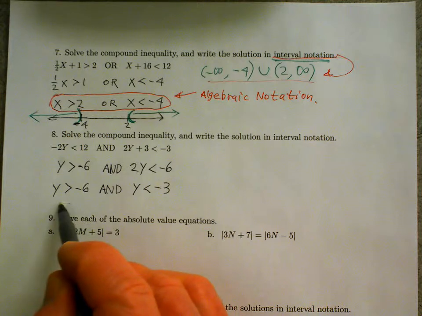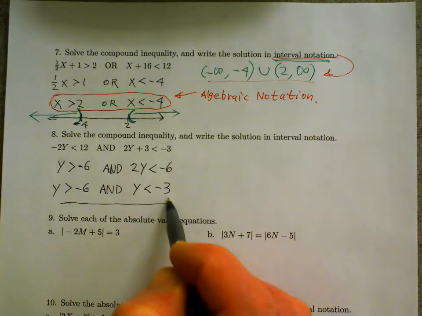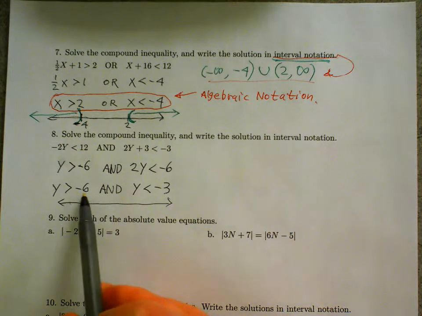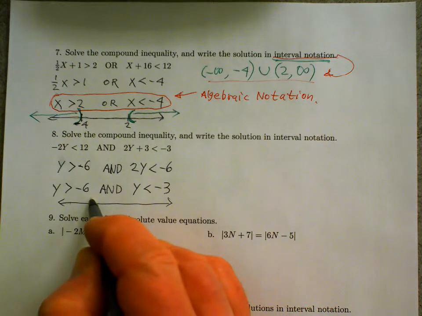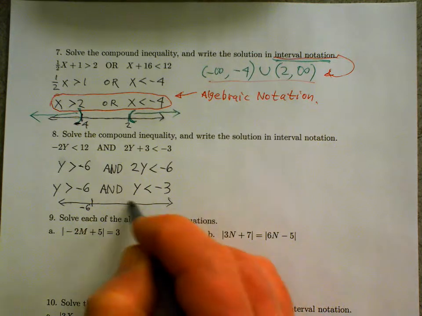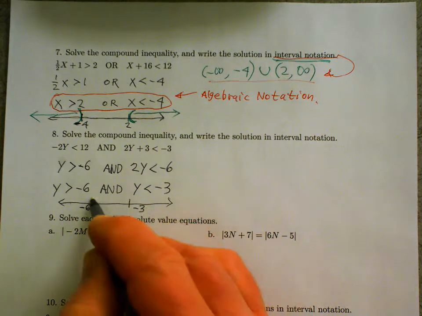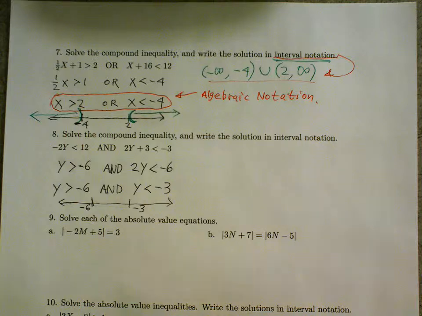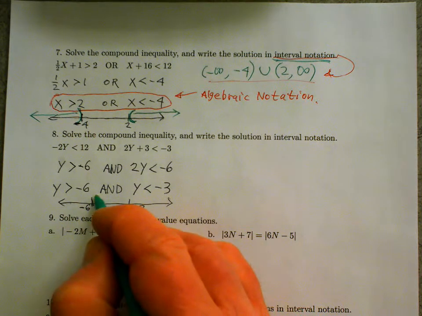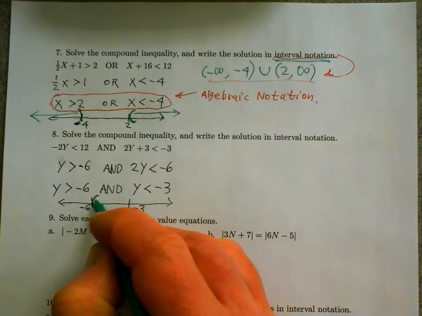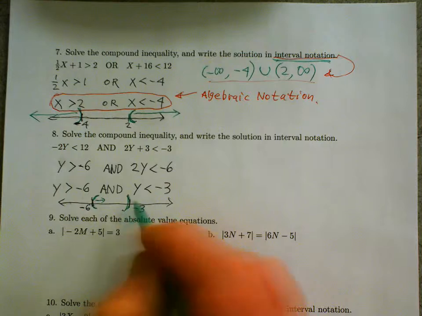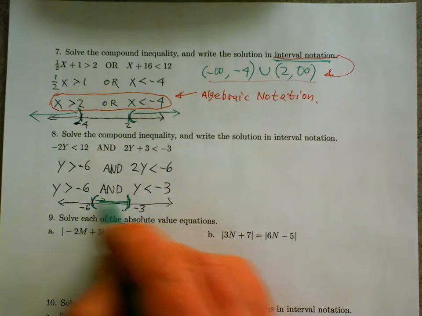So graphically, what does that mean? On the number line, negative 6 is to the left of negative 3. Okay, so y is a solution if it's greater than negative 6, and less than negative 3.